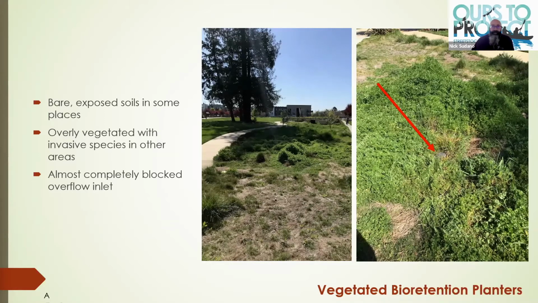What I would say is that you just need to understand where these features are on your property. You can see how quickly these would get away from you, and then you're not going to recognize it as an LID feature. Now it just looks like a standard strip of grass that's overgrown.